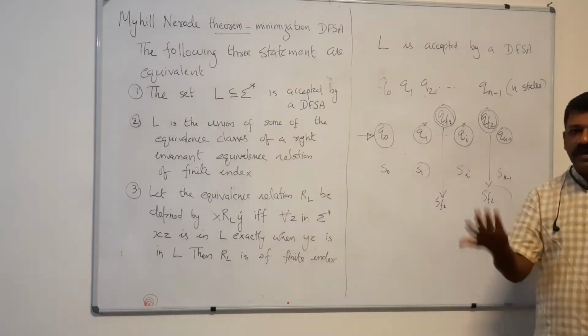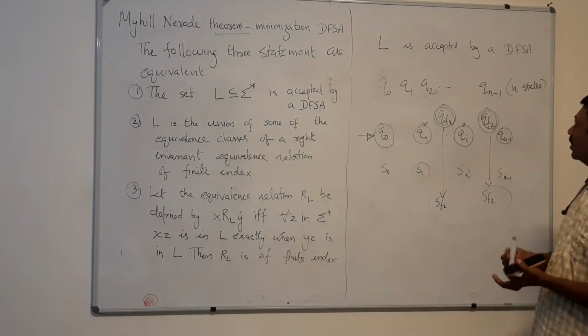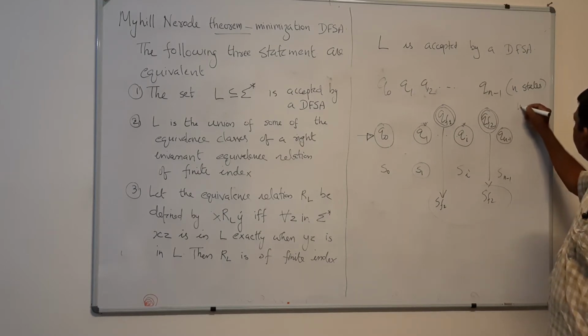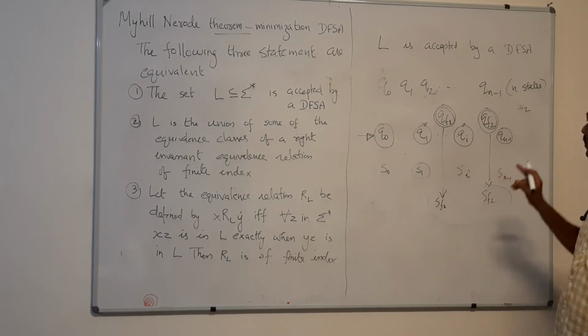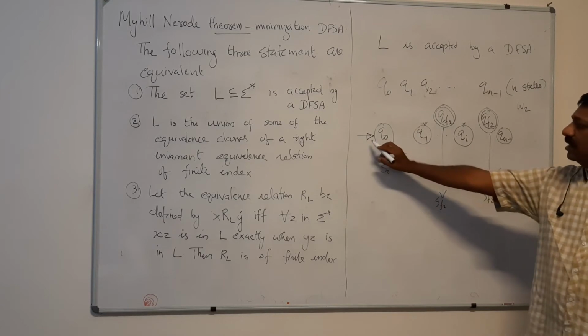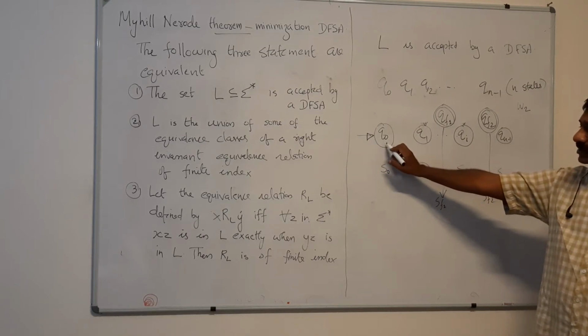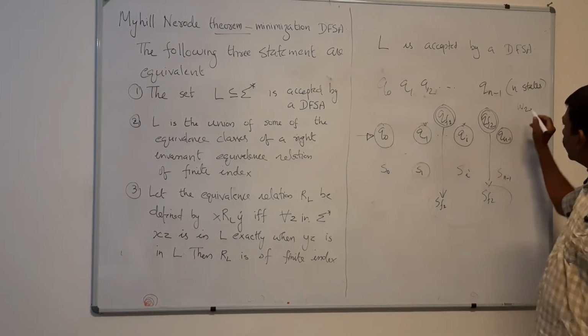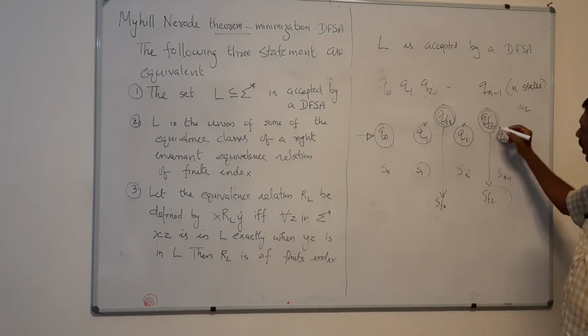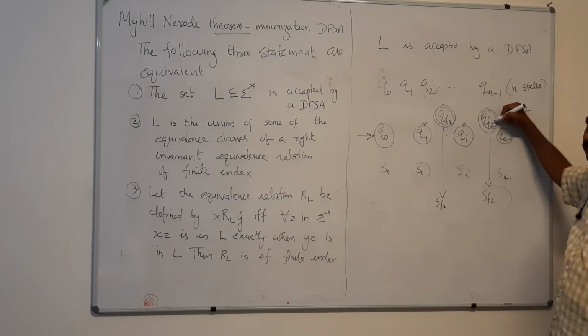In another case, suppose w2 is a string. Initially the finite control is at state q0, and upon processing w2 it reaches qf2.